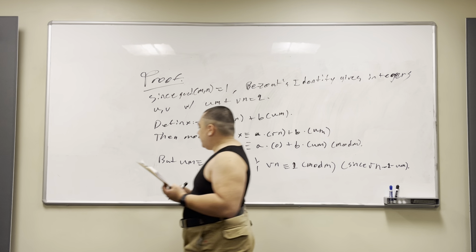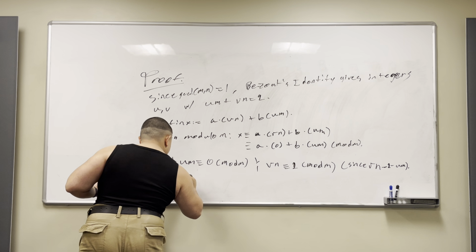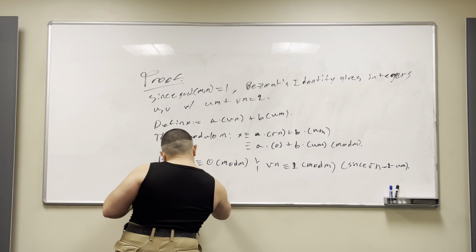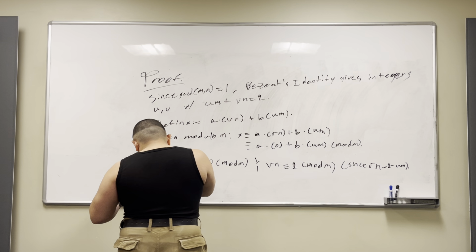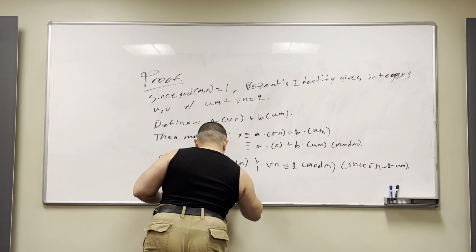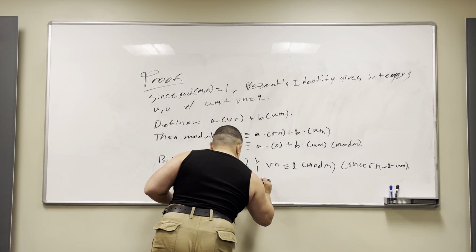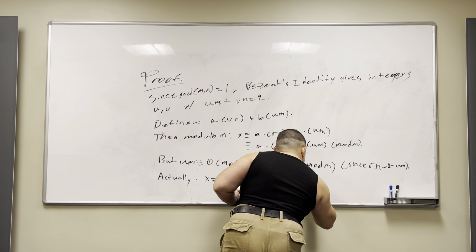So what we actually get then, x is equal to a times 1 plus b times 0, which is equal to a mod m.